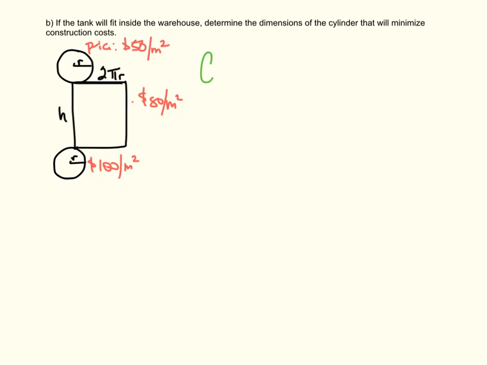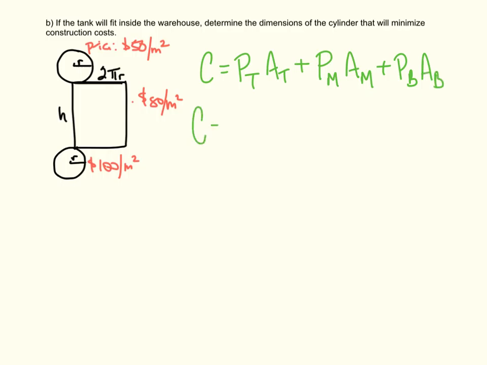So our cost is going to be equal to the price of the top times the area of the top, plus the price of the middle section, I'll call it M, times the area of the middle section, plus the price of the bottom times the area of the bottom.